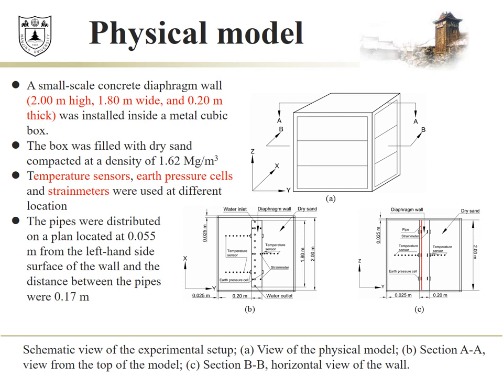The diaphragm wall was equipped with high-density polyethylene pipes for heating purposes, and also various sensors to measure earth pressure, temperature, and strain. The pipes were distributed on a plane located 0.055 meter from the left-hand side surface of the wall, and the distance between the pipes was 0.17 meter.